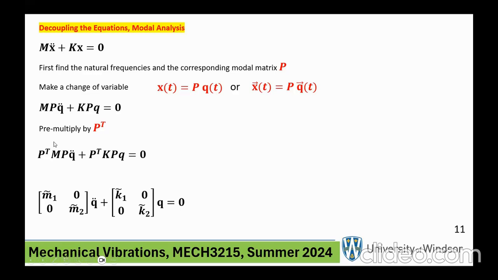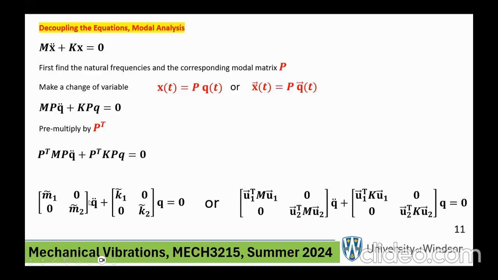This was M tilde, and this was K tilde. And M tilde was a diagonal matrix, and K tilde was also a diagonal matrix. There we are.